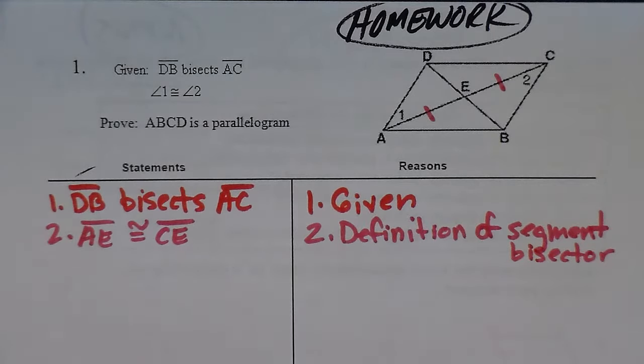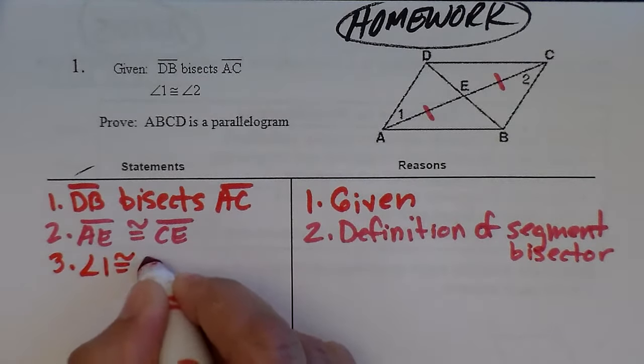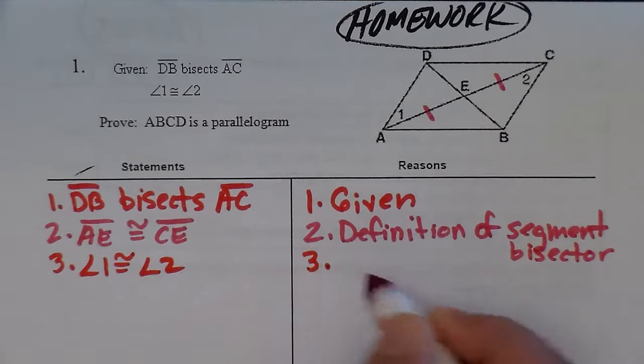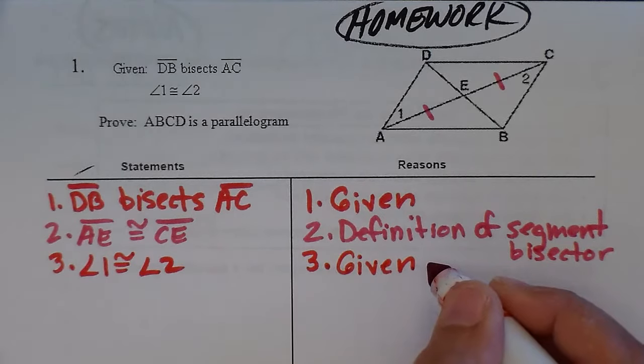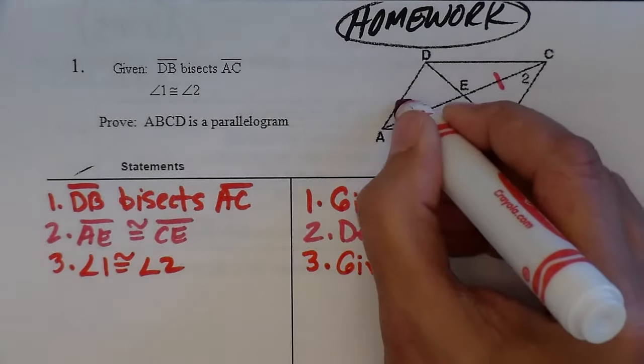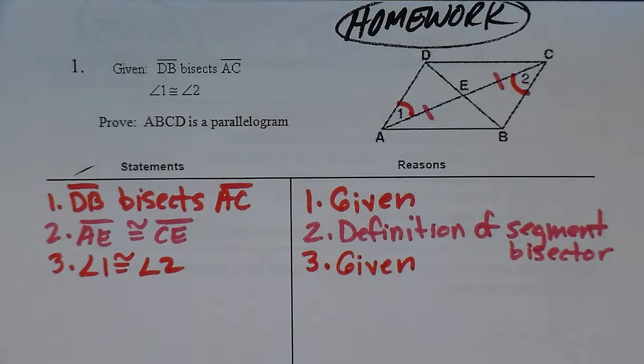So I'm going to come back into red and do my next given, that angle 1 is congruent to angle 2. That's given, so I'm going to mark angle 1 congruent to angle 2. Now, I want to prove this is a parallelogram. There are multiple ways I can go about this, but I want to find the quickest way.